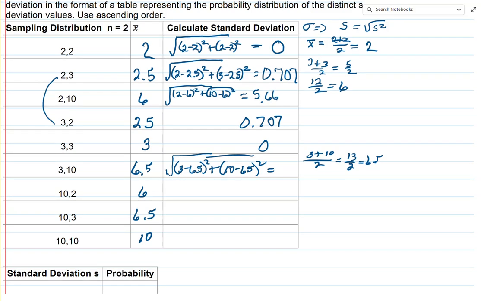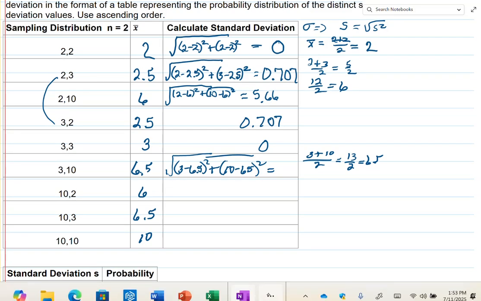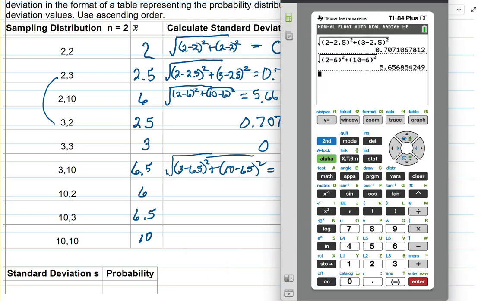And we're going to get some kind of value there. Of course, I'm going to use my calculator. Second square root, open parenthesis, 3 minus the 6.5, close parenthesis, squared, plus open parenthesis, 10 minus the 6.5, close parenthesis, squared. I got to make sure I got my decimals in there, and I'm good. There it is.